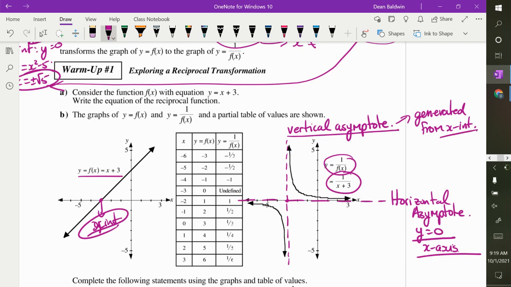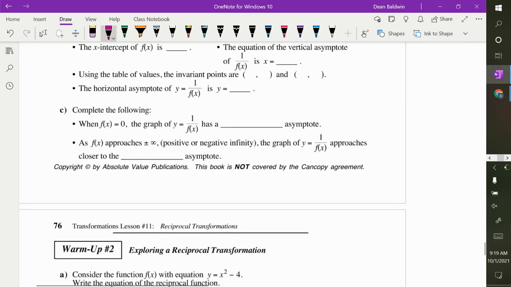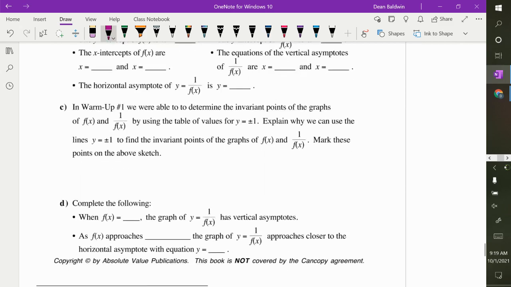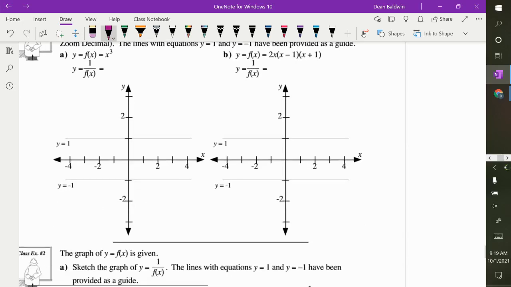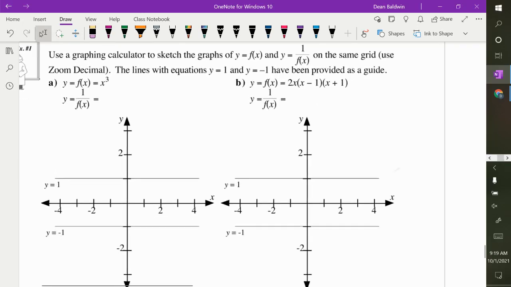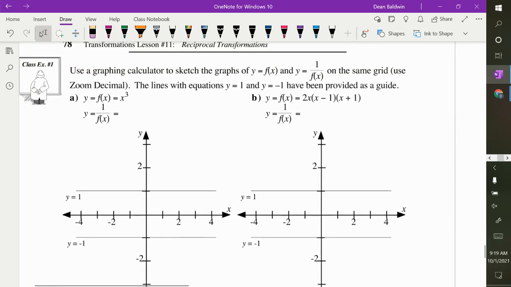So I need you to flip the page, please, to page 78. So 2 pages. Oh, hang on. This page, yes, page 78. Okay. So we have the graph of x cubed. I'm going to give you the graph of x cubed, all right?